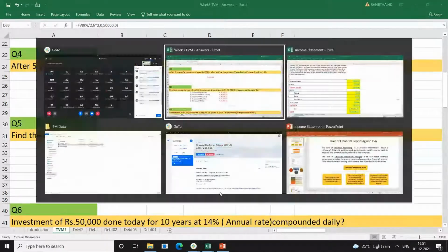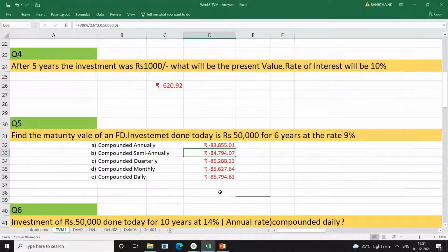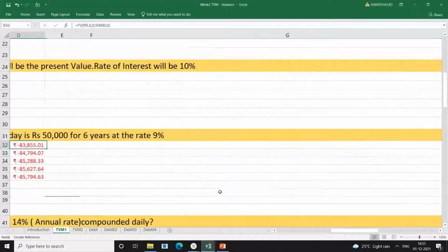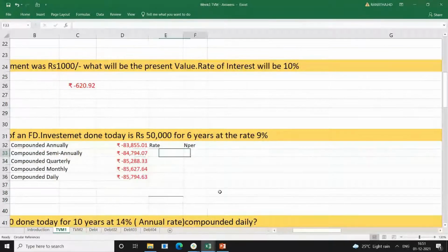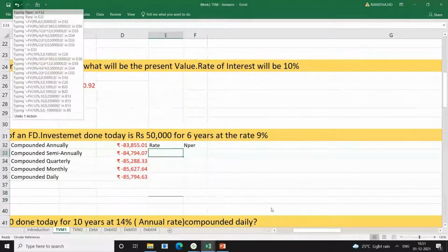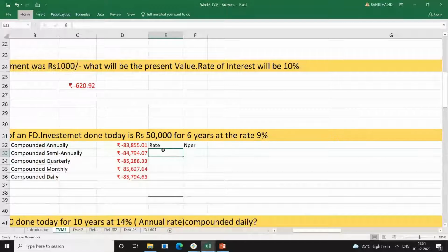For example, rate and nper. If this is semi-annually, then the rate will be divided by 2.